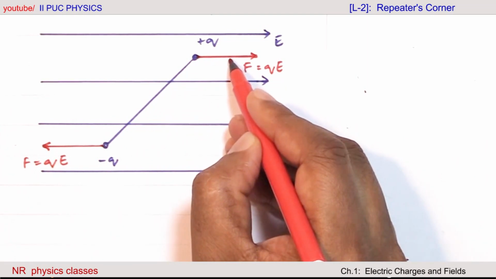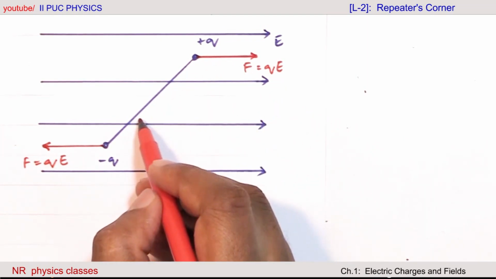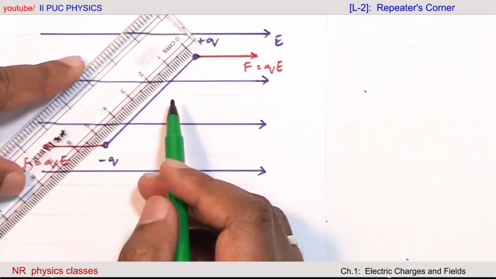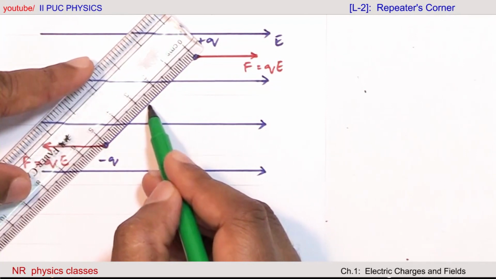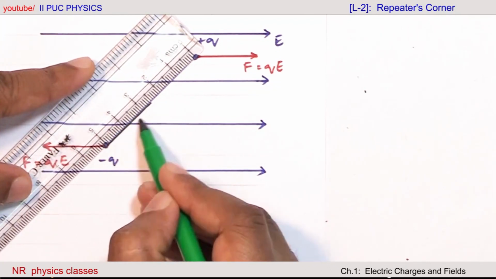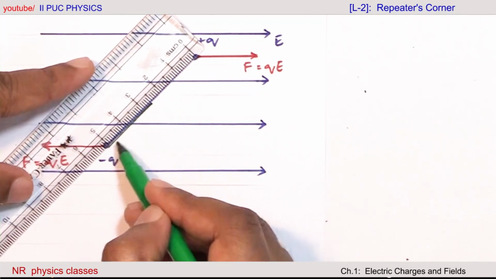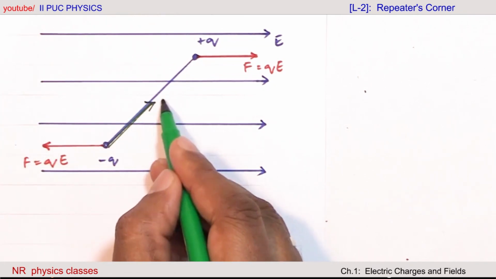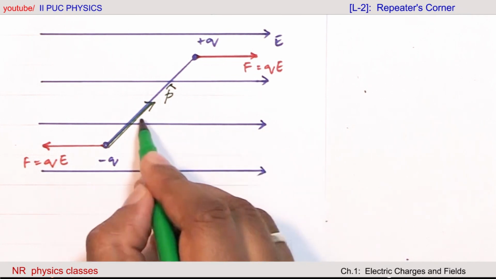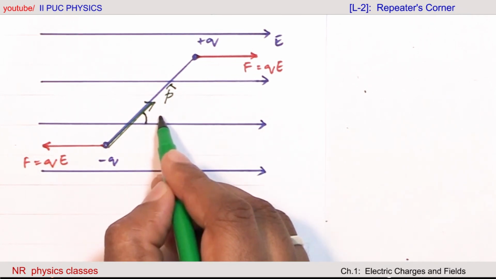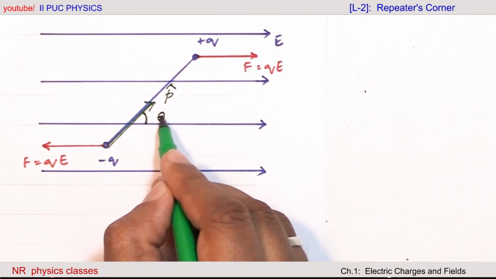Before that, let me write P cap. The direction of dipole moment is from minus Q to plus Q along the line joining the charges. So this is the direction of P cap. This is electric field. So angle between P cap and electric field is theta.